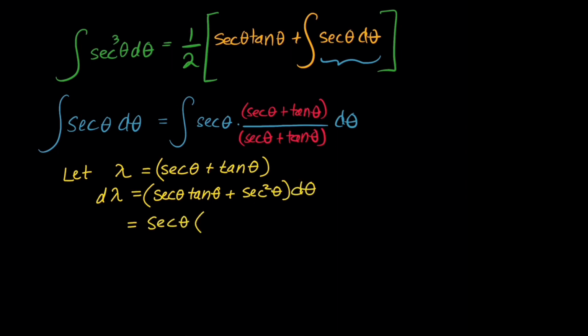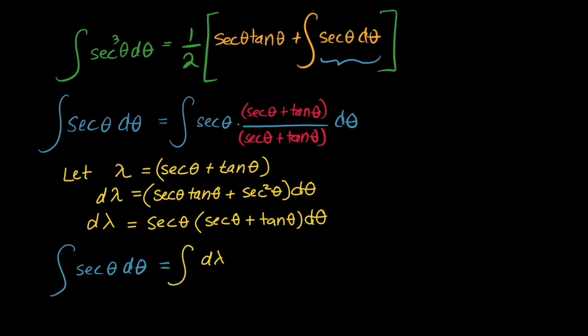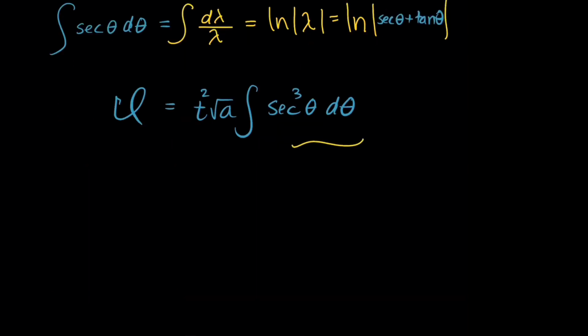So simplifying our differential of d lambda, we get secant theta times secant theta plus tan theta d theta, and wouldn't you know, that's in the numerator of our integral. So now this just becomes the integral of d lambda over lambda, which we know equals the natural log of the absolute value of lambda, which here is the natural log of the absolute value of secant theta plus tan theta.